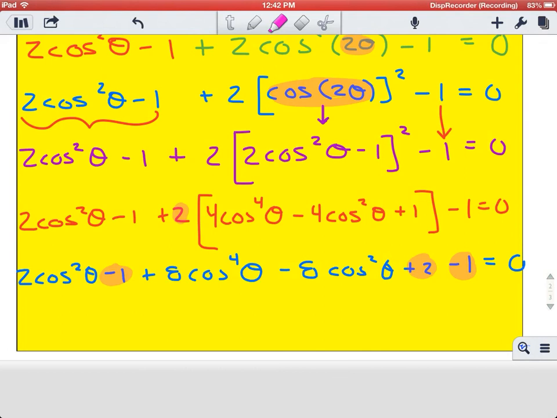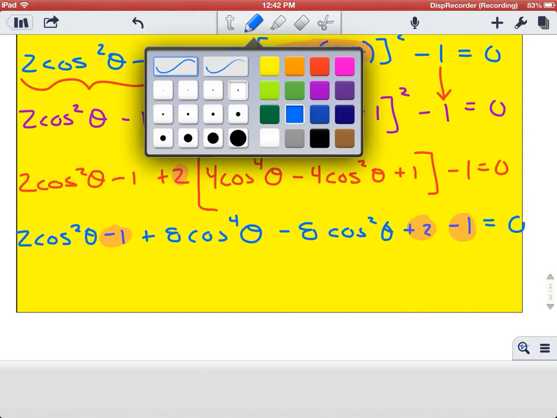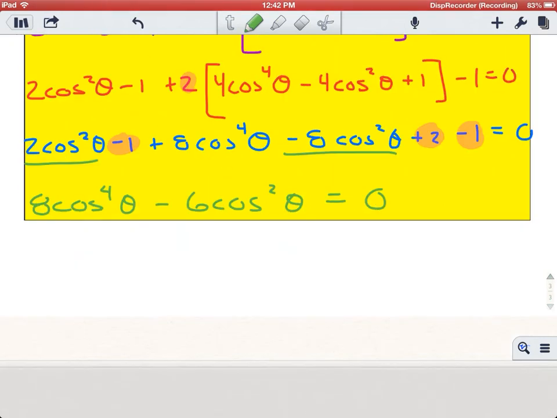That's 2 minus 1 minus 1. And then also, hopefully you can see that I've got a cosine squared and another cosine squared. So I'm going to rewrite this as 8 cosine to the 4th theta minus 6 cosine squared theta equals 0. It actually whittled down to not much.